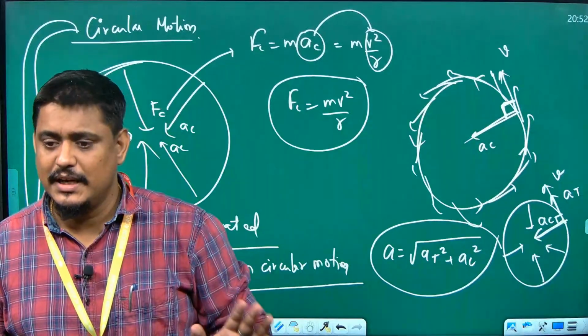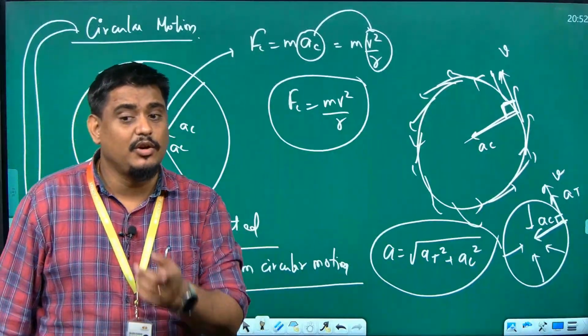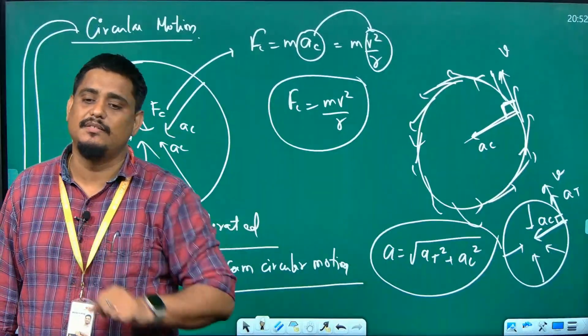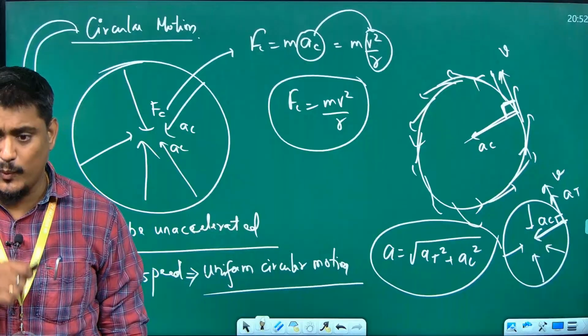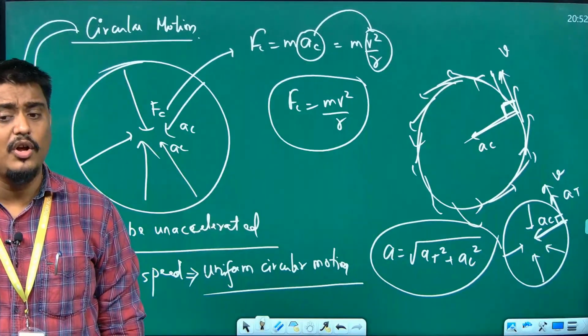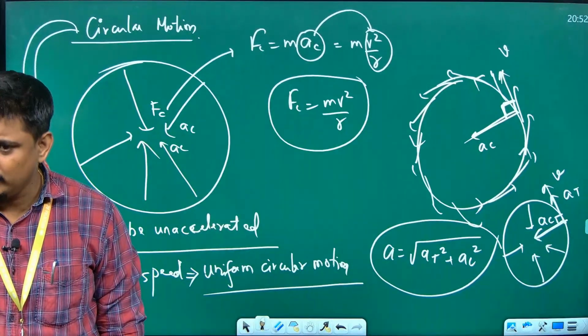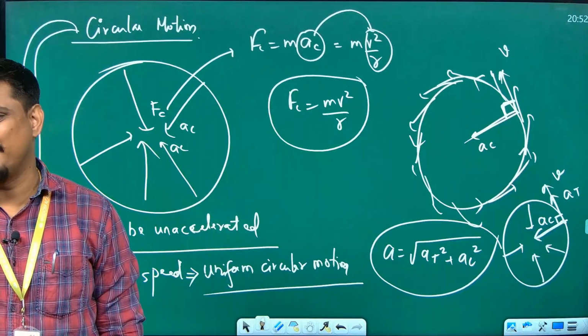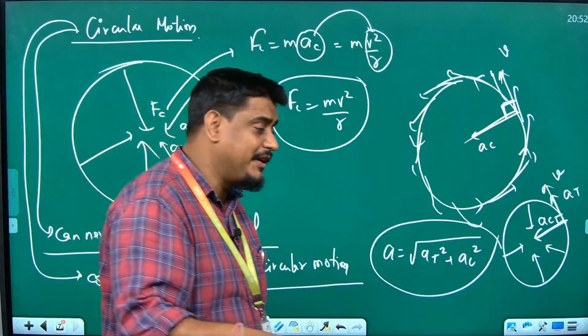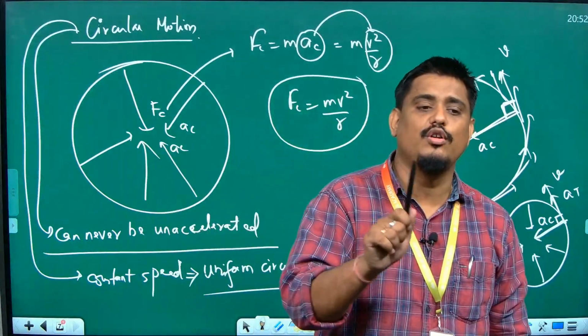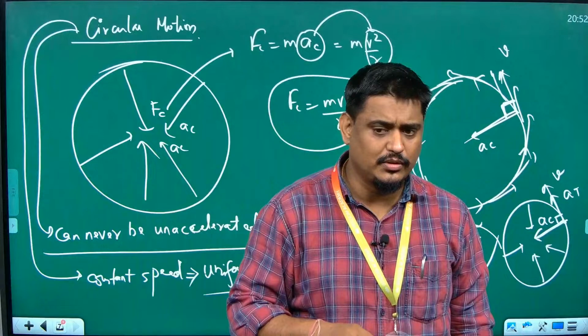But tangential acceleration comes only if the speed is variable. Are you getting my point? Whether it is uniform or non-uniform circular motion, the object will experience centripetal acceleration. But tangential acceleration will be experienced only if there is non-uniform circular motion. Is it clear to you, Raghav?